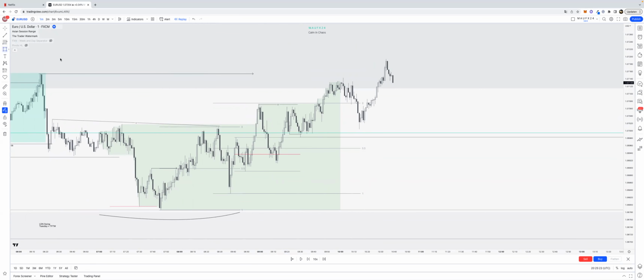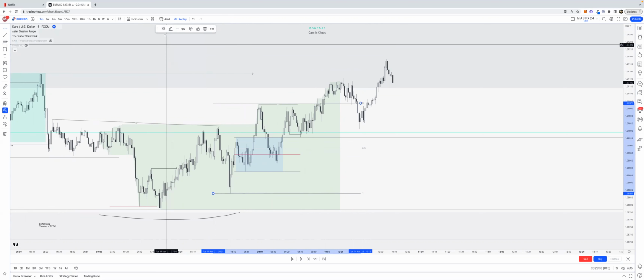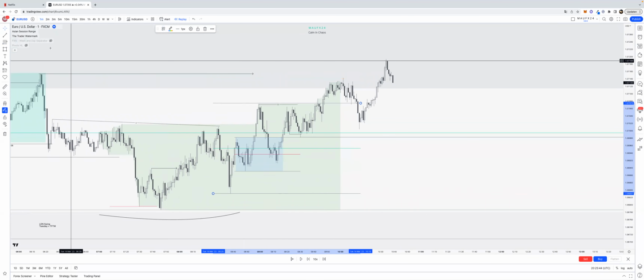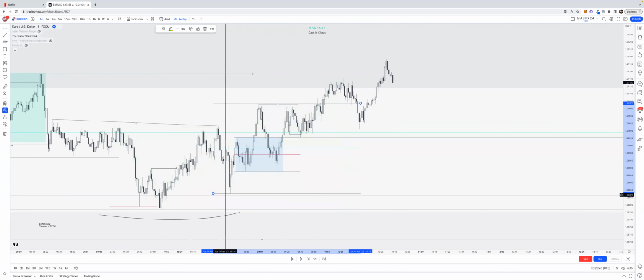And let me put that a color so it's more visible. So we got this bullish range. Let's make this one more visible. Remove the session.